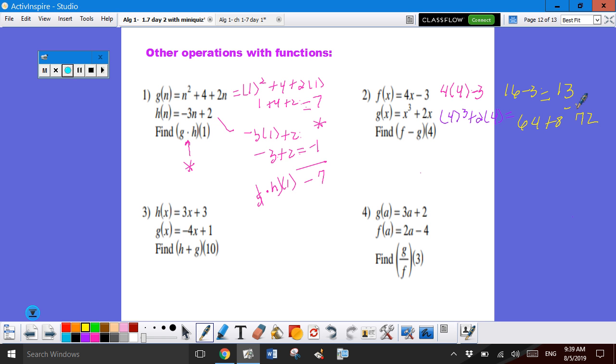So I am subtracting. So this is 13 minus 72. And if I'm subtracting 72 from 13, I know I borrow. So I am at a negative 59. So that notation could look like this, or it could look like the f minus g of 4.